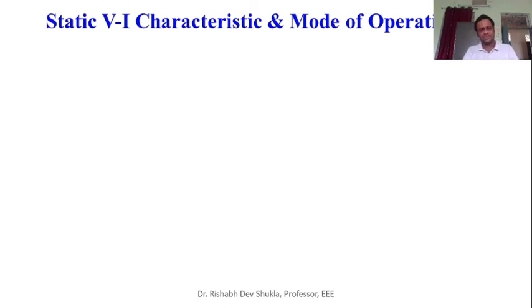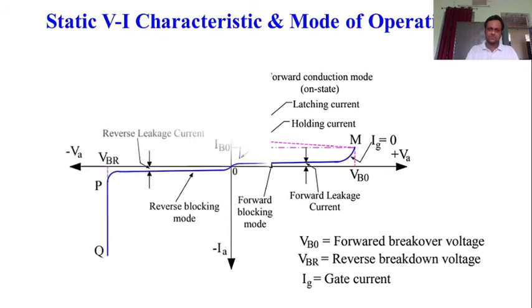Now moving towards the discussion of mode of operations and static VI characteristics. This figure shows a typical VI characteristics of a SCR. This plot is drawn against the anode current and anode to cathode voltage.